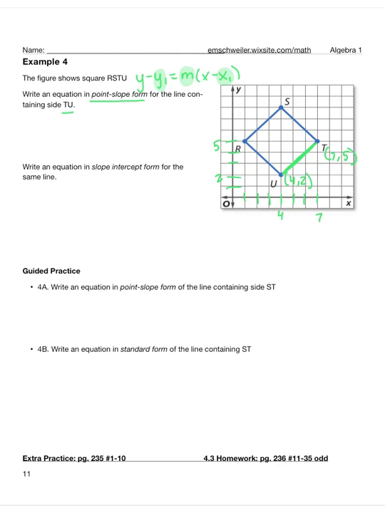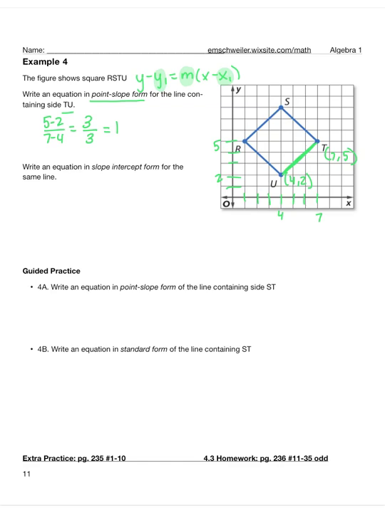So we know how to find the slope between 2 points, right? So you can do that by doing y2 minus y1 over x2 minus x1. So that would be 5 minus 2 over 7 minus 4. So that's telling me that our slope is 3 over 3, which simplifies to 1. And you could actually verify that by just looking at the graph too.